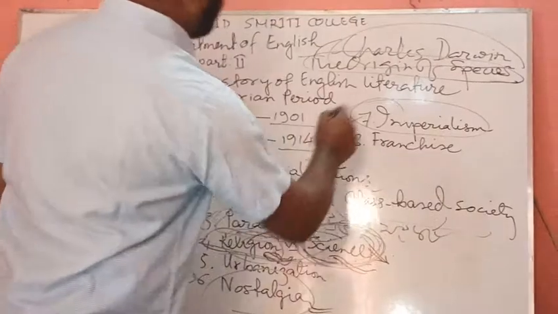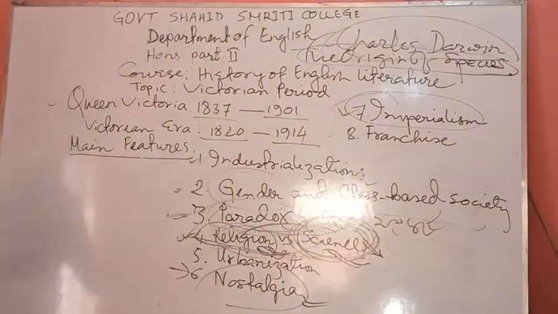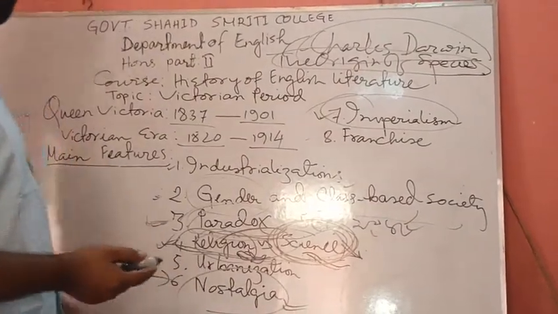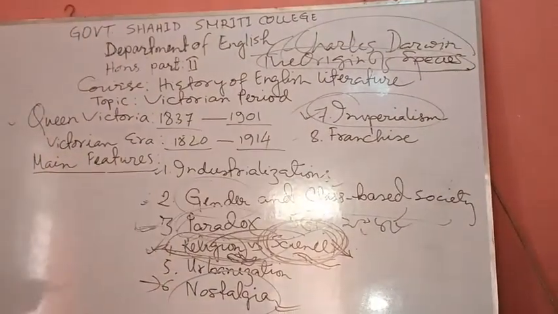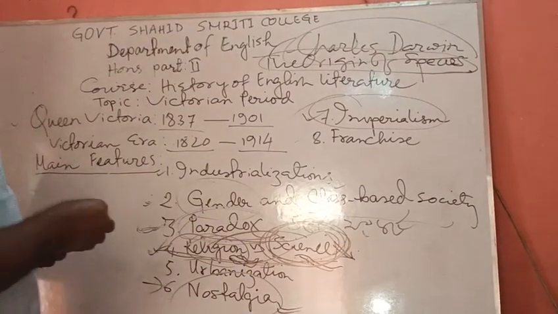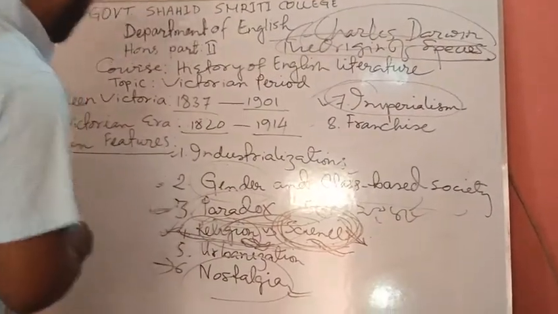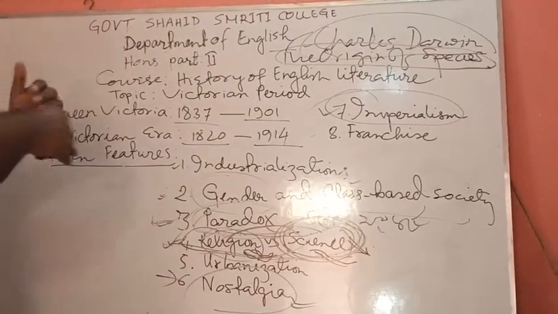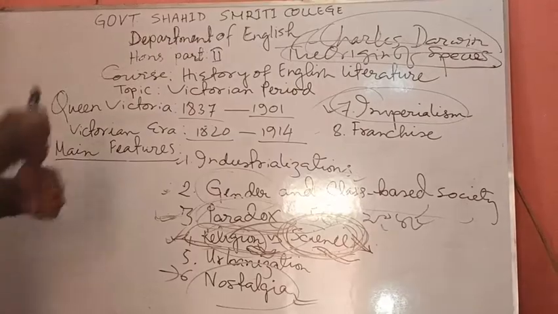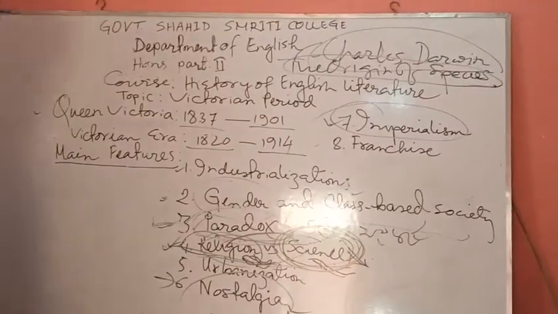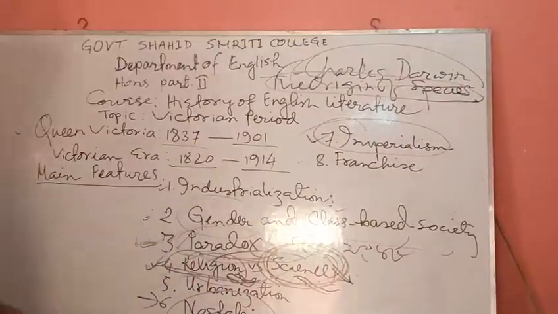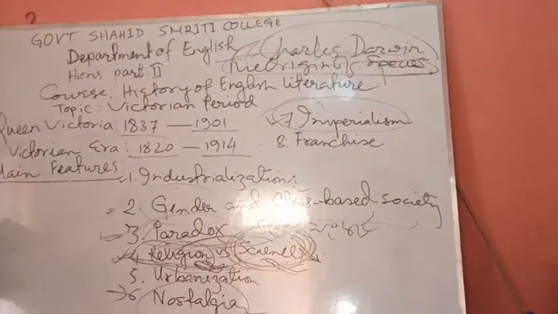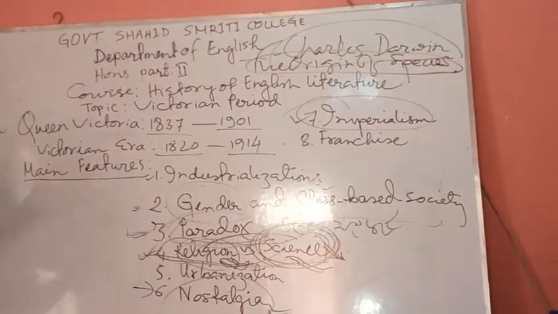Imperialism. This is one of the most important features of the Victorian period. The Victorian period actually expanded its territory across the world, reached different parts of the world, and started bringing and sending their commodities and doing business with those territories.